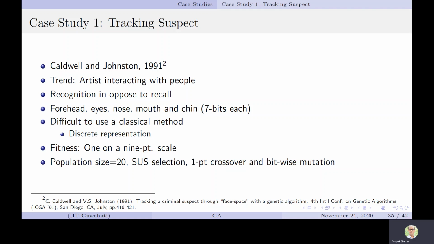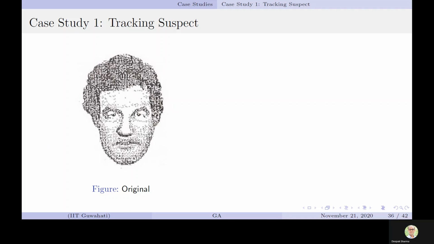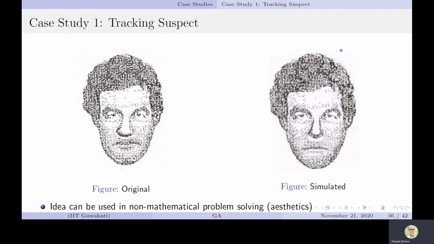You will be surprised that this was the original picture of the suspect. By showing different combinations of the forehead, mouth, nose and eyes, the eyewitness was looking and giving the fitness, and then the final picture of the suspect was given here.